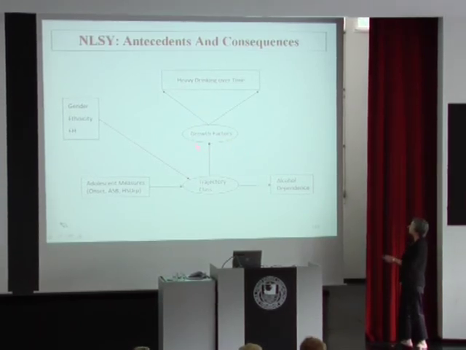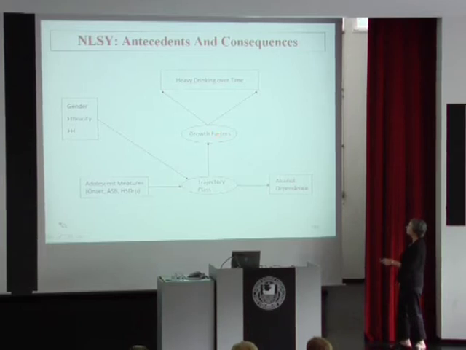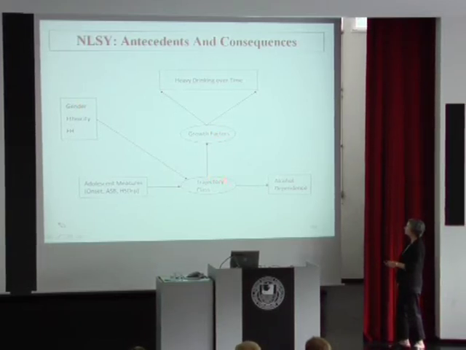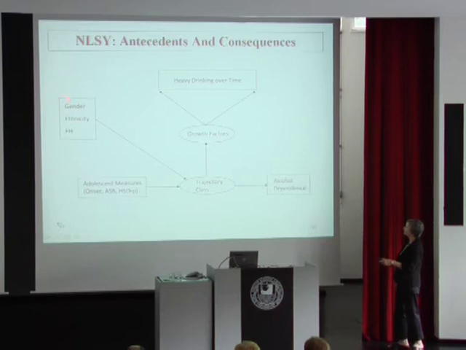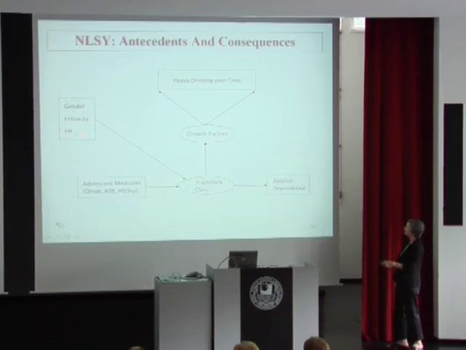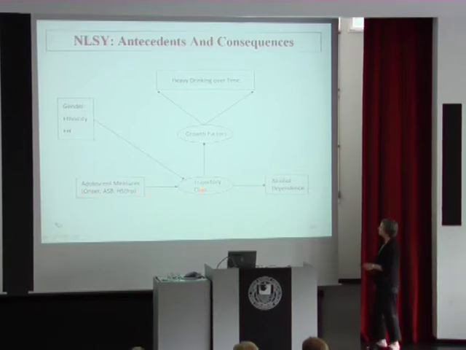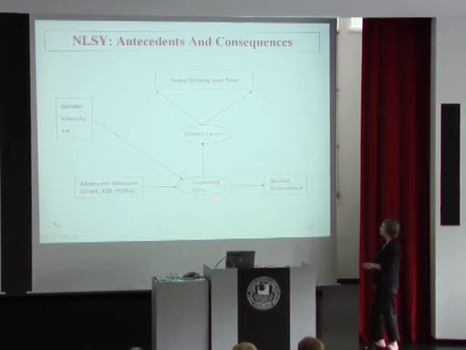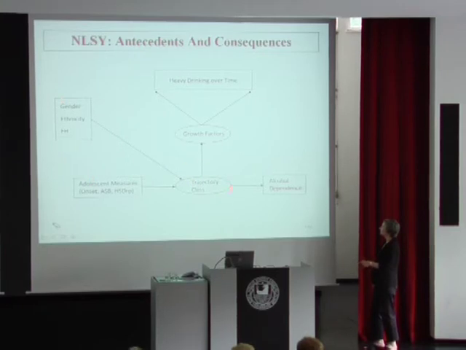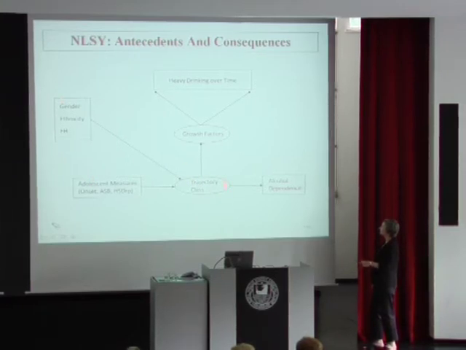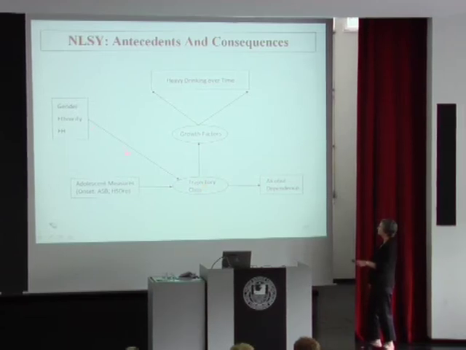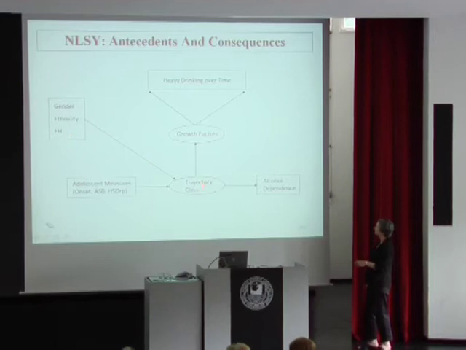So we have our growth model that we're familiar with, heavy drinking over time, and we have growth factors. These are continuous. This part of the model, where we have trajectory classes regressed on gender, ethnicity, and family history, and then also some other adolescent measures, we find results from in the multinomial logistic regression of trajectory class on a set of covariates.